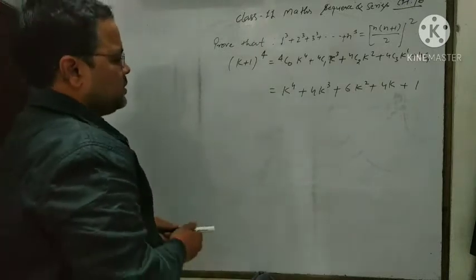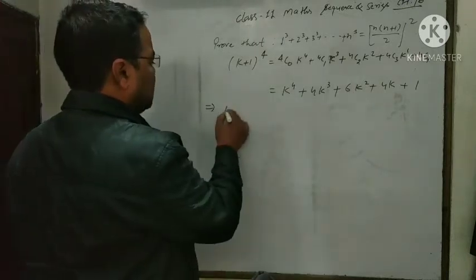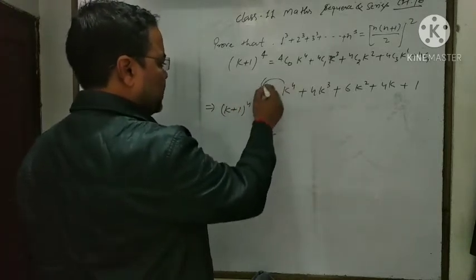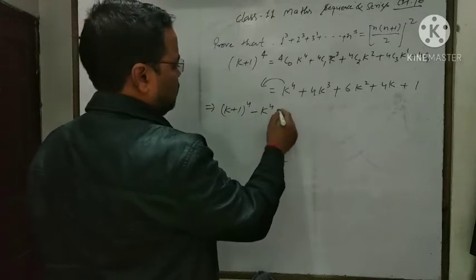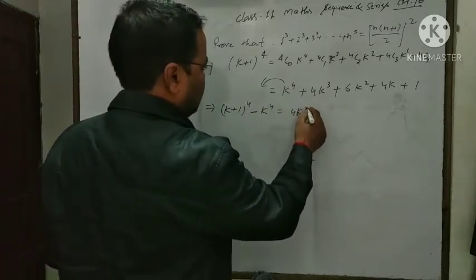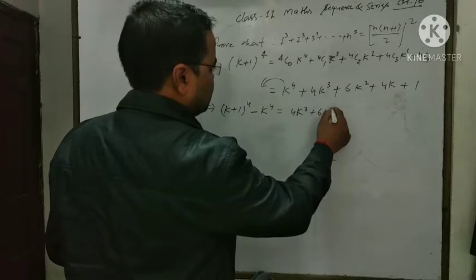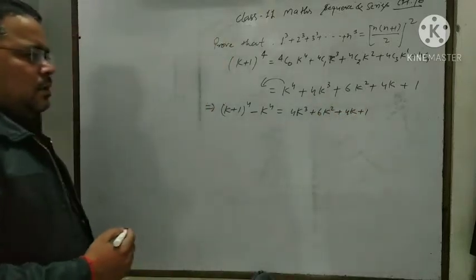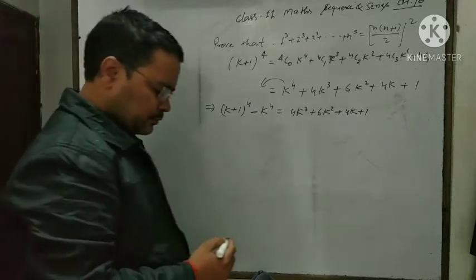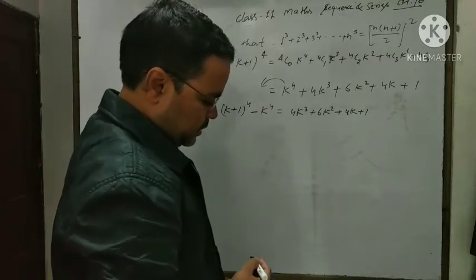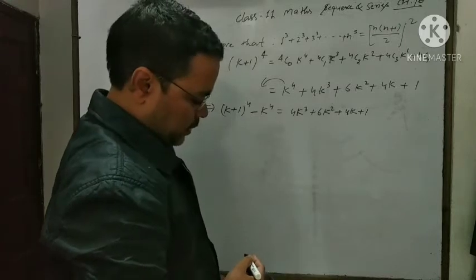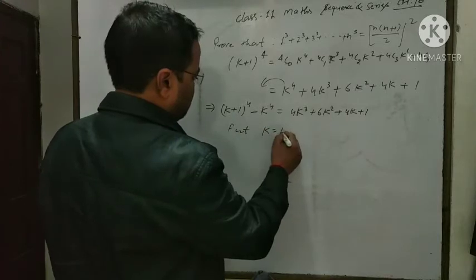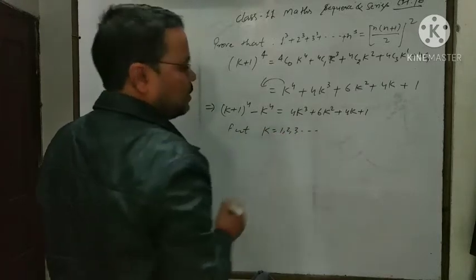Now we arrange it, and we take k raised to the power 4 to the other side, so k plus 1 raised to the power 4 minus k raised to the power 4 is equal to 4k cube plus 6k square plus 4k plus 1. Now put k equal to 1, 2, 3 and so on.